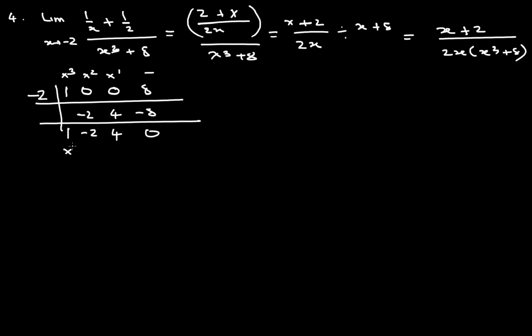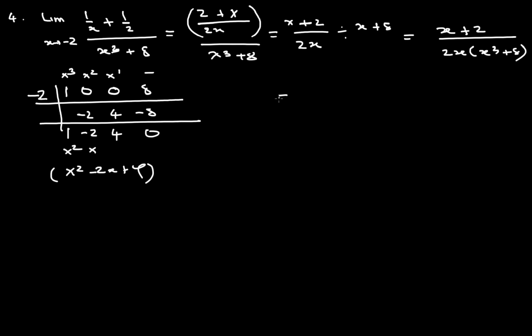So this is x squared, this is x, and then that's a constant. So our polynomial that we find is x squared minus 2x plus 4. You see that? That's our polynomial.